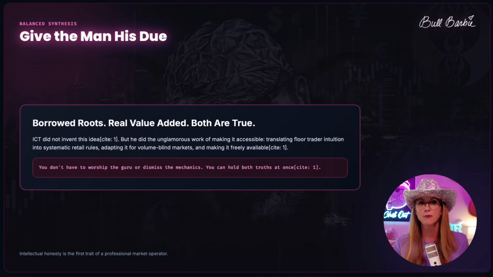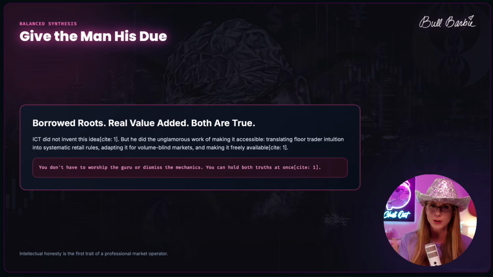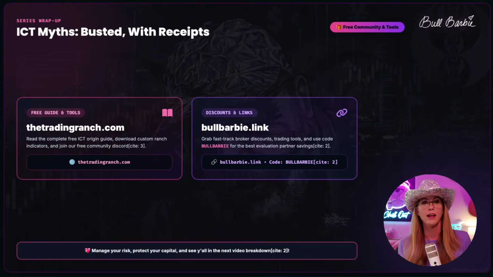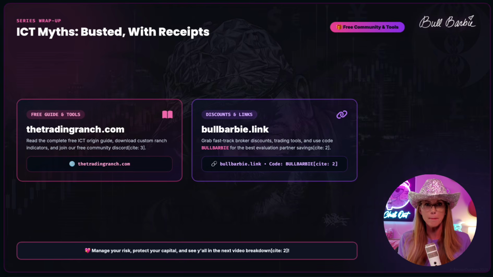And he did adapt it for markets that don't publish volume, like Forex, which is kind of handy. So, borrowed roots with some value added. I'm going to give credit where credit is due, but I'm not going to argue with the arguers, all right? You're allowed to hold both of those at once. And that's the ICT on the fair value gap.